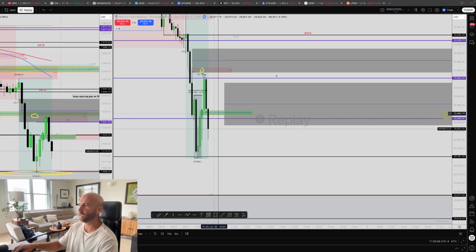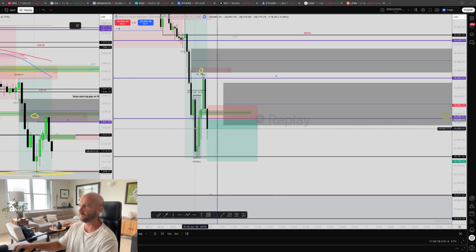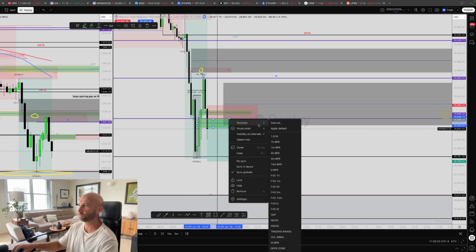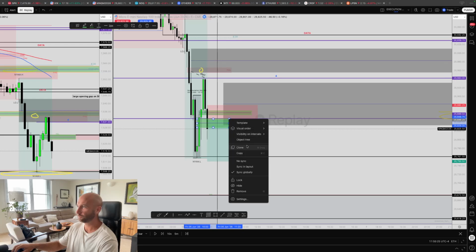So my trade entry was about here, and it was above this fair value gap. And we actually had this fair value gap here too, almost an inversion. So I got a really good entry.